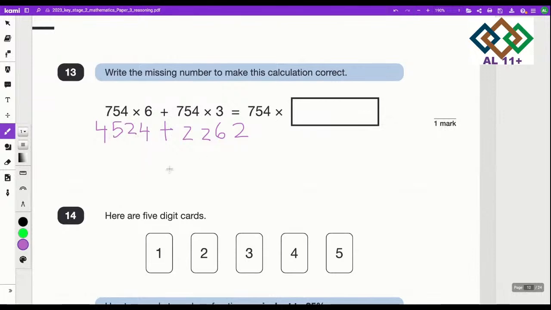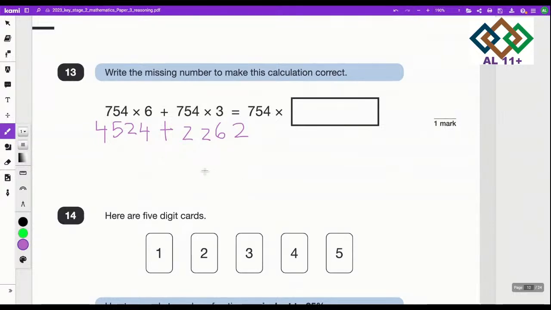And then when you add these up, you have to see what you get. So now you have 2, 5, 2, 4 plus 2, 2, 6, 2.